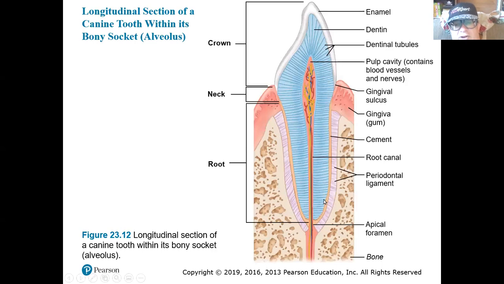All right, so here we have our dentin in blue. We have our tougher, harder enamel in white. And down here we have the apex with a hole called an apical foramen. And that's where blood vessels enter and leave. Now, things I want to point out here.